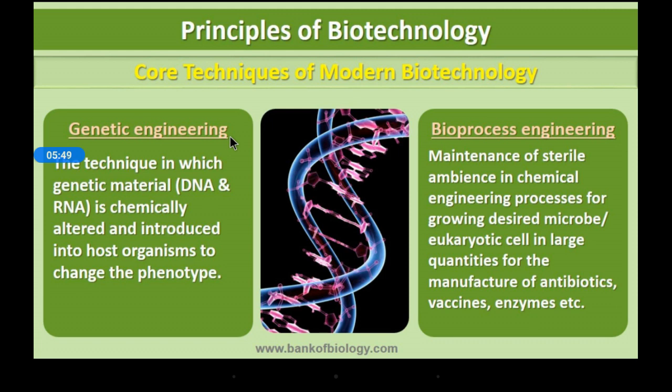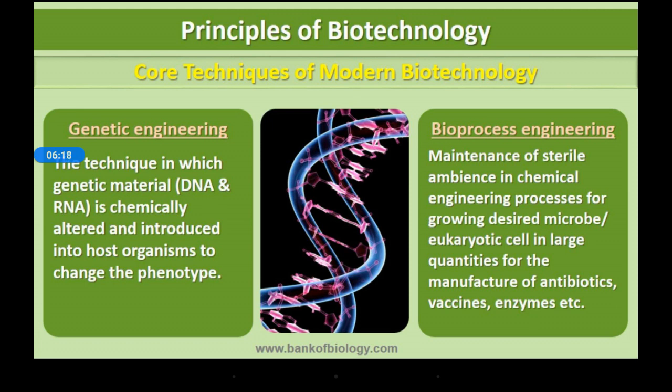Engineering in all other fields, civil engineering, mechanical engineering, we know, right? Here the engineering is being done in genetics. Genetics means gene. Gene means the DNA. Here the technique is one in which genetic material, what are the genetic material? Yes, the DNA and the RNA, are chemically altered and introduced to a host organism to change the phenotype.